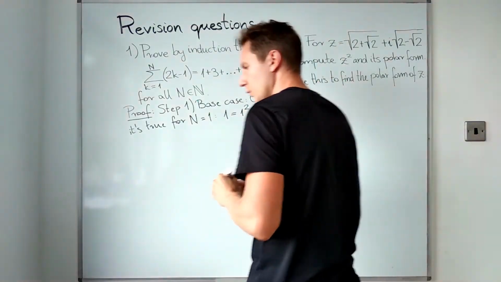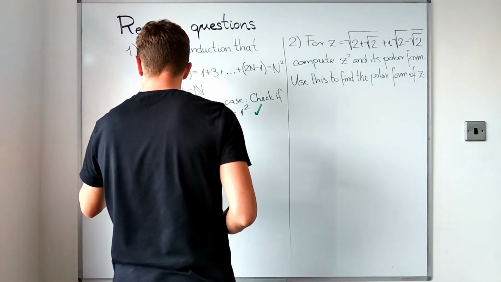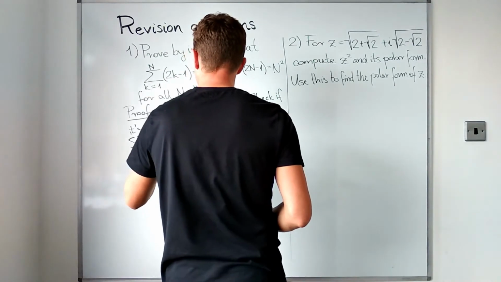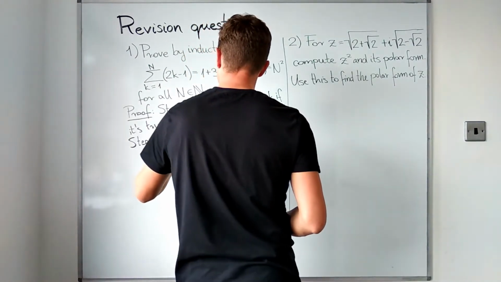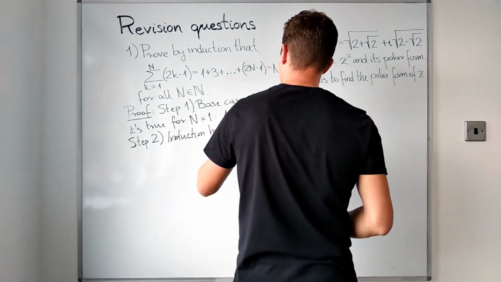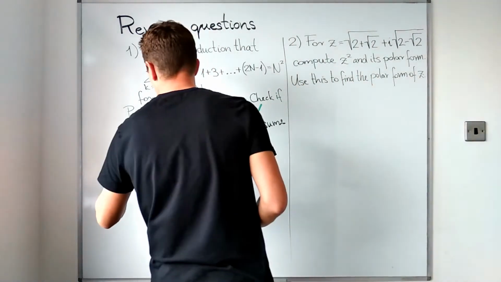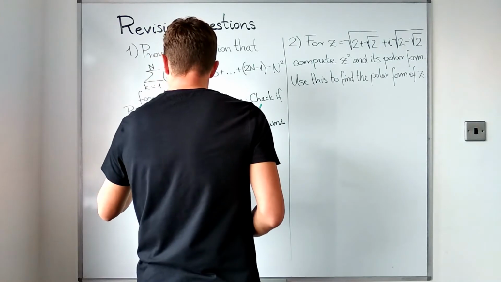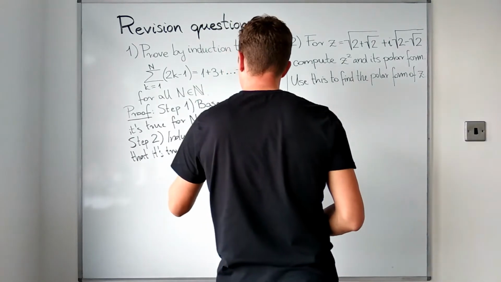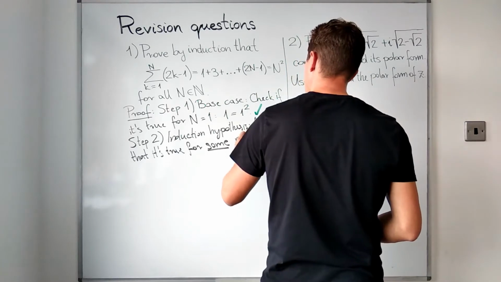Now we can move on to step 2 in the proof, which is the induction hypothesis. Meaning that we assume that the statement is true for some unspecified number little n.